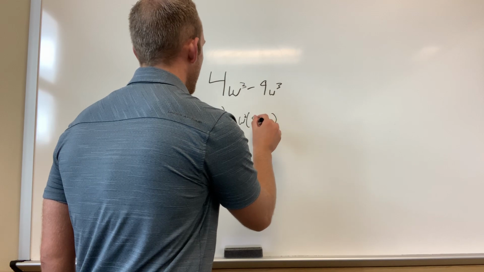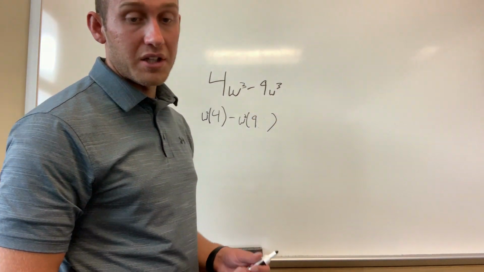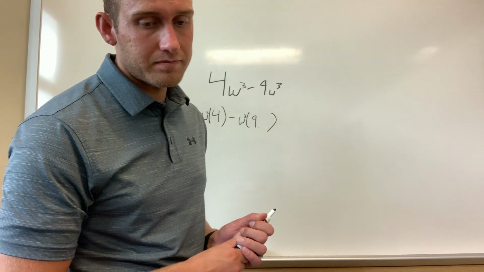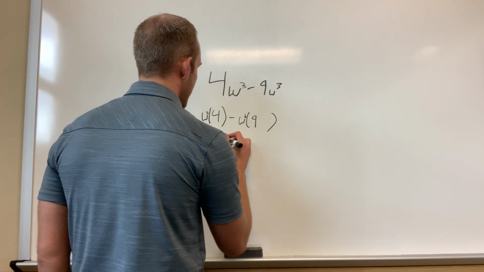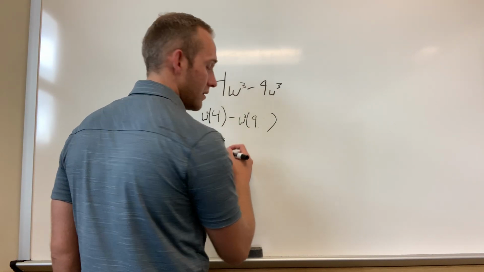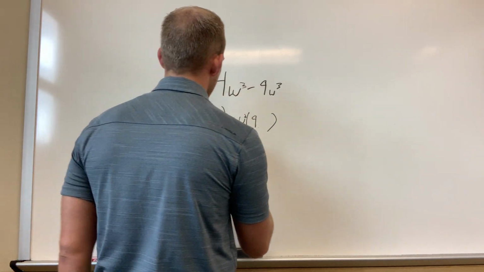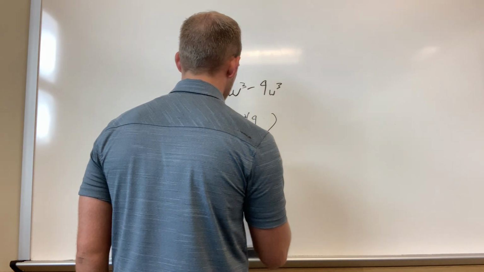All right, so pretend both of these were W squared, or W cubed. Basically, we can just take W cubed, then parentheses 4 minus 9.